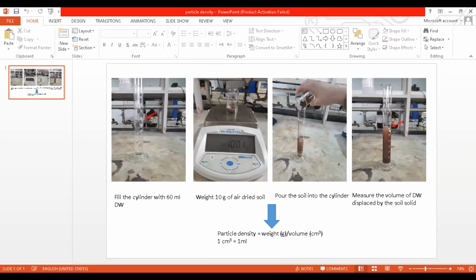It's almost 5 milliliters. And then for the calculation, we take the weight, 10.01, over the 5 milliliters, which is equal to 5 centimeter per cube. That's the method. Maybe we can use it if we don't have the pycnometer.